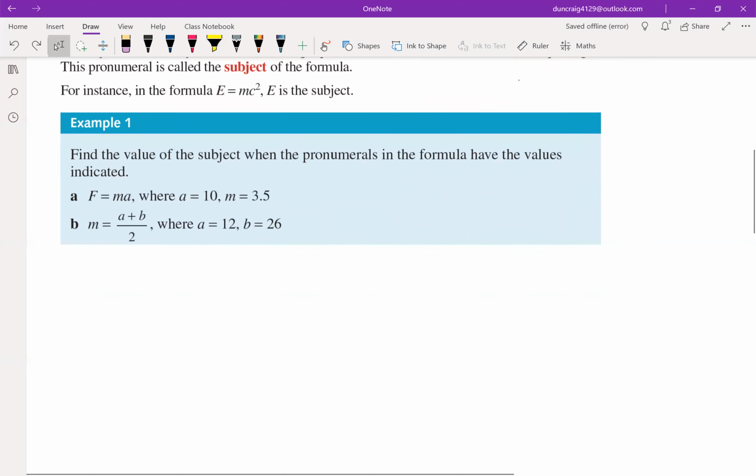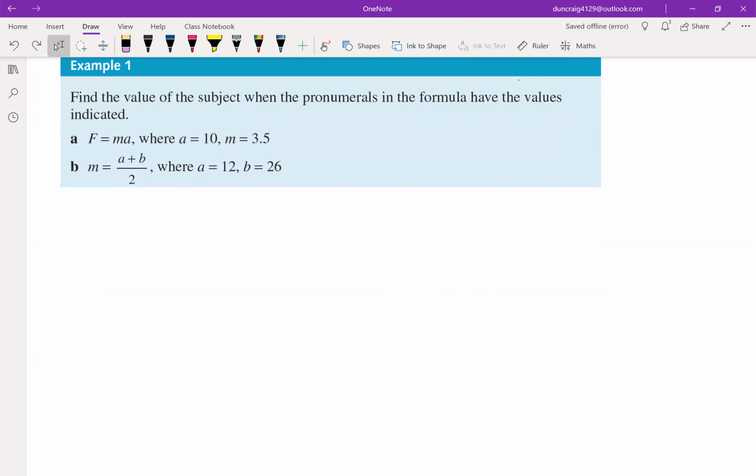In this first example, it's telling us to find the value of the subject when the pronumerals in the formula have the values indicated. The first formula I've got here is F is equal to ma, and you might have seen that before. That's a physics formula: force is equal to mass times acceleration. We're told here that acceleration is 10 and mass is 3.5. There are no units indicated, that's all good. So we just simply put it in.